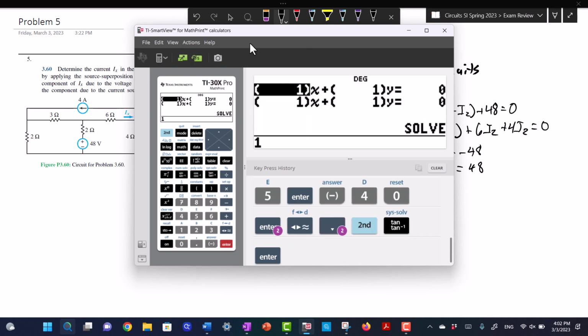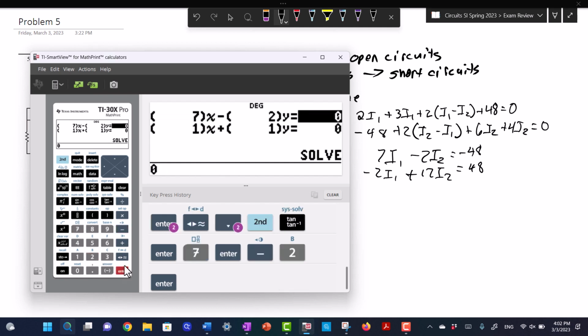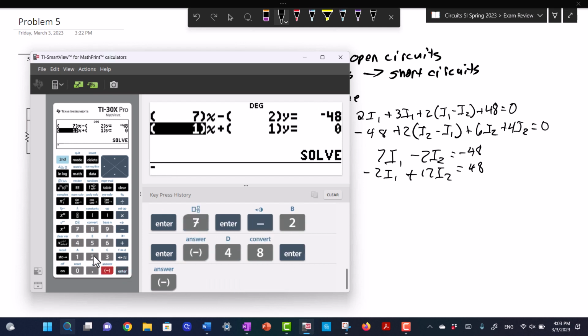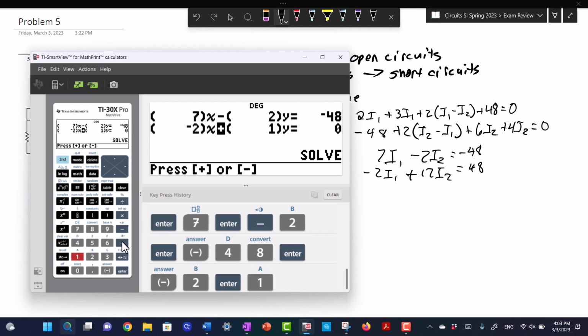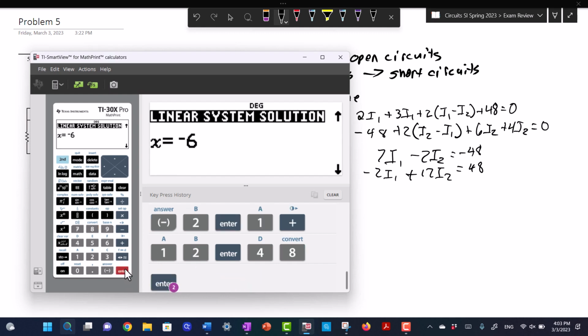and we have 7, minus 2, negative 48, negative 2, plus 12, positive 48, solve.